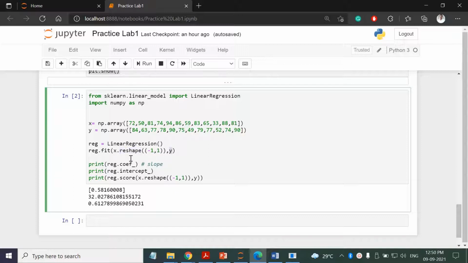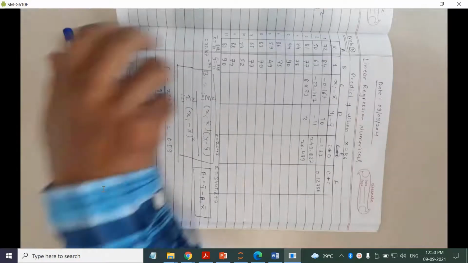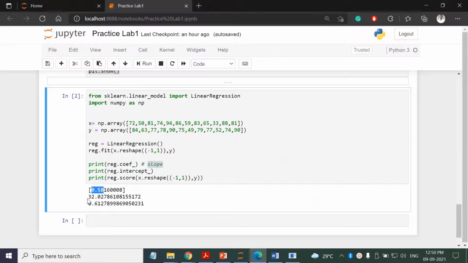Then I am printing the coefficient and intercept. The coefficient is the slope; here I am getting 0.58, but we obtained 0.59, so there is some round-off error. For the intercept, they obtained 32.02 and we got 31.4.